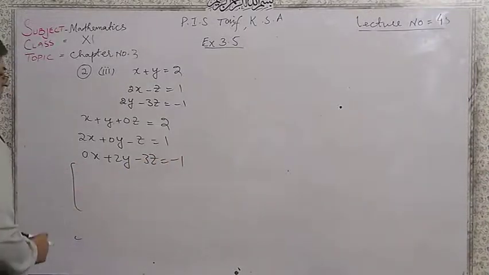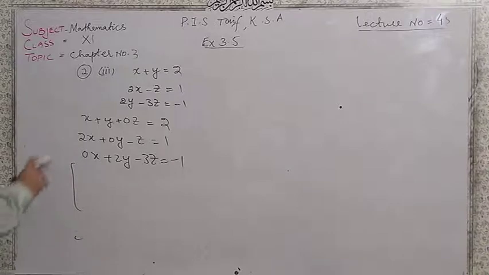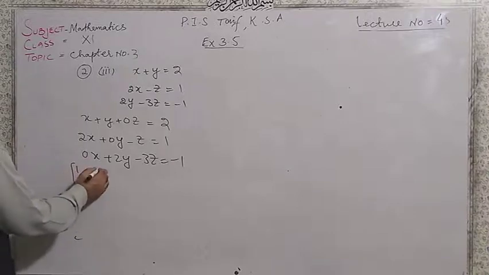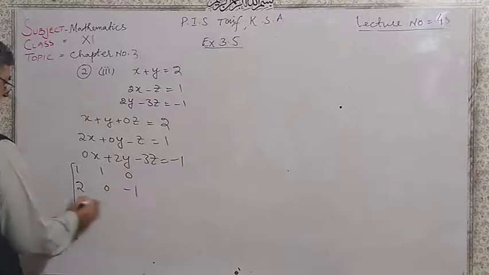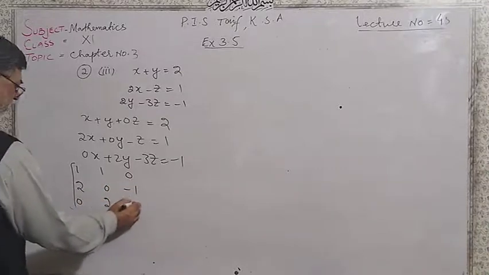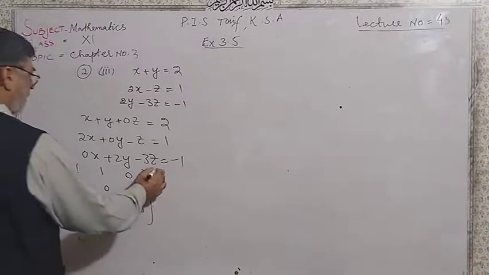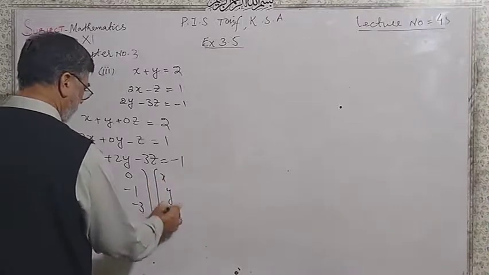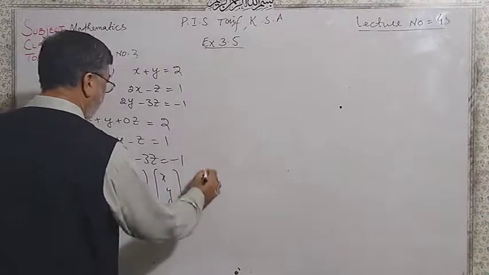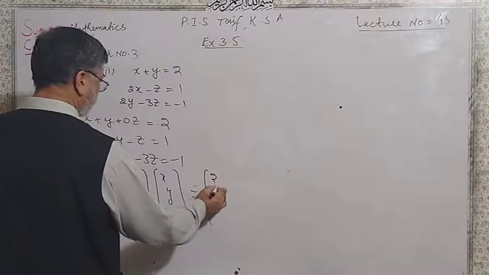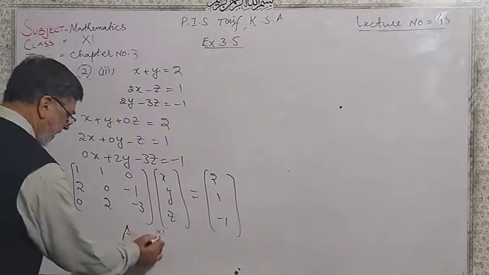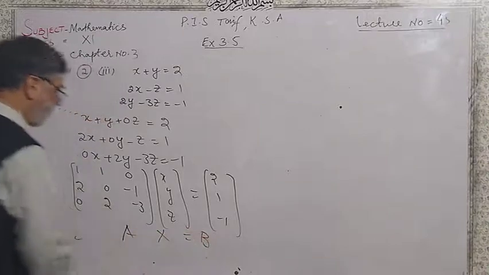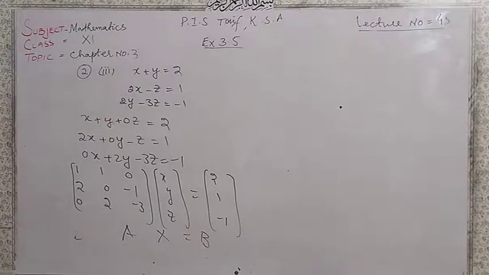Convert this into the matrix form: 1, 1, 0 and 2, 0, minus 1 and 0, 2, minus 3. Here we have x, y and z, and the column matrix of constants is 2, 1 and minus 1. Name them as AX is equal to B. This is using the matrix method.